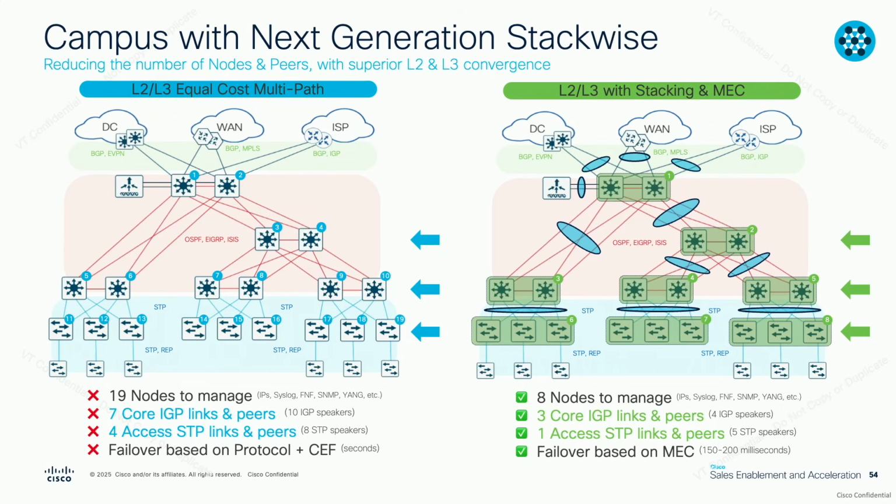That's how I reduced the number of peers, because all these physical links became one port channel interface between you and I. I don't have to run multiple instances of spanning tree or protocols. And when that link finally dies, it's just EtherChannel load balancing. It takes the remaining traffic and puts it over the other links, and that is in milliseconds.